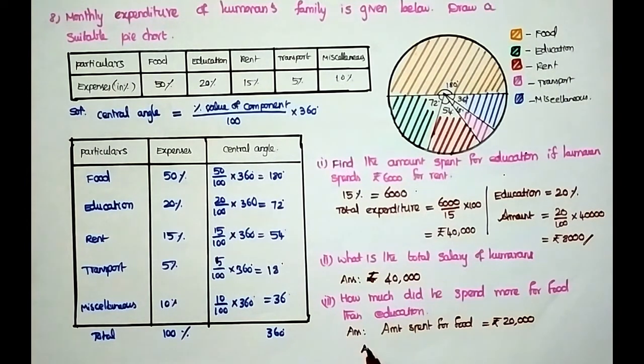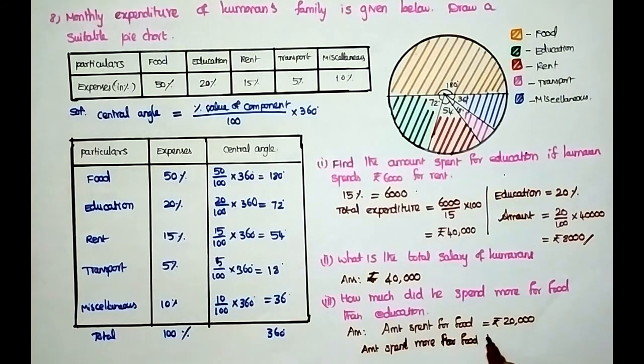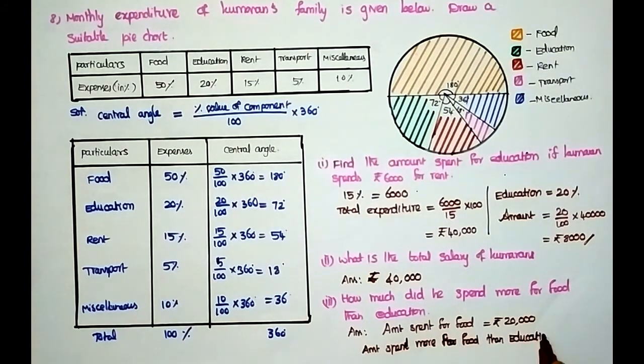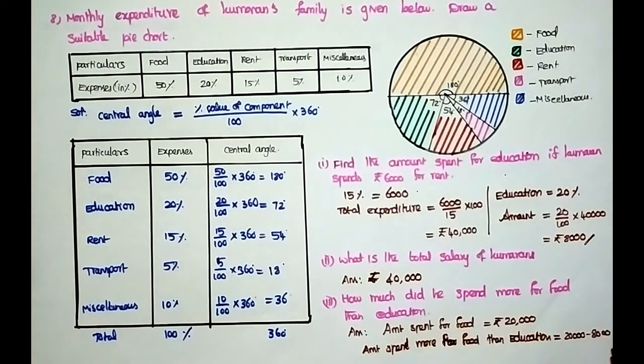So amount spent more for food than education equal to 20,000 minus 8,000, that is rupees 12,000. That is the answer.